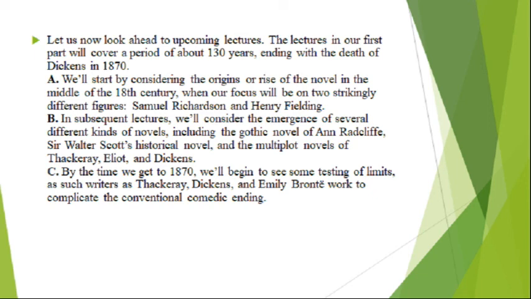In thinking about Dickens, Thackeray, and George Eliot, we'll look at the multiplot novel. In a multiplot novel, instead of following a single character through the entire story, we may shift between clusters of characters. The multiplot novel is a mid-Victorian phenomenon appearing from the 1840s to the 1870s.